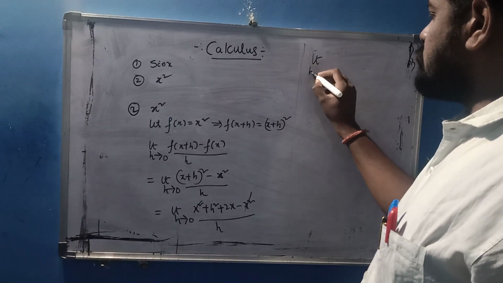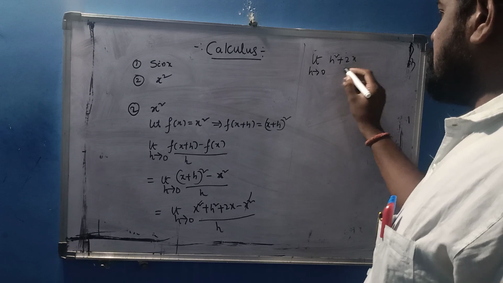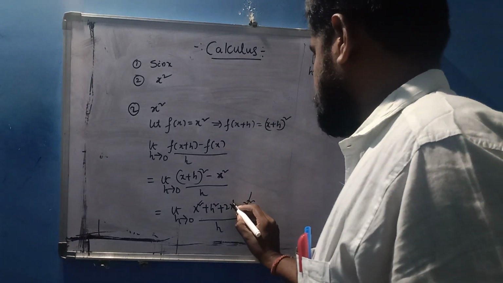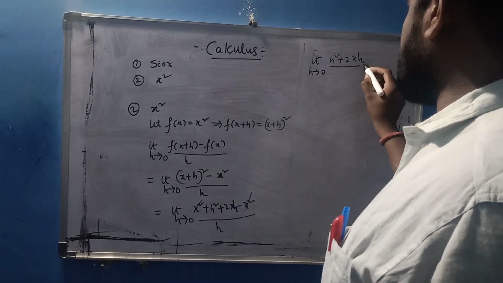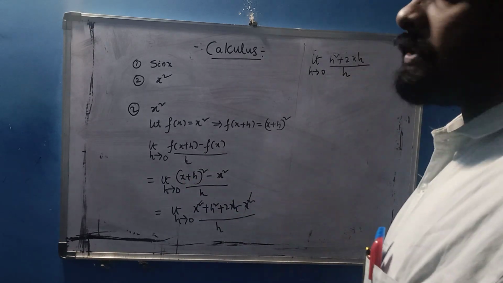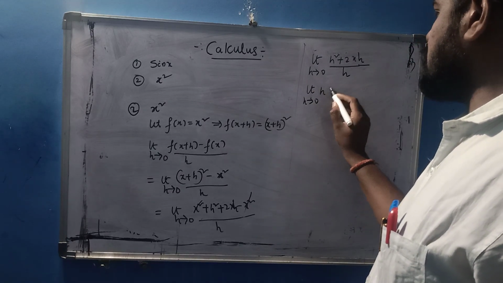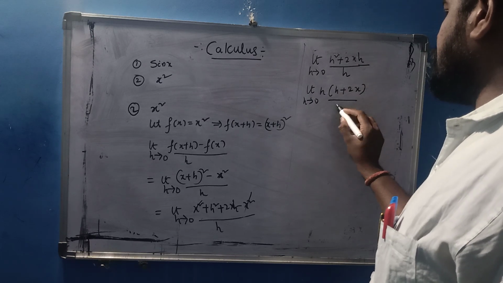Limit h tends to 0 of h square plus 2xh by h. This is 2xh, from a square plus b square plus 2ab. After that, take h common in the numerator: limit h tends to 0 of h into (h plus 2x), by h.